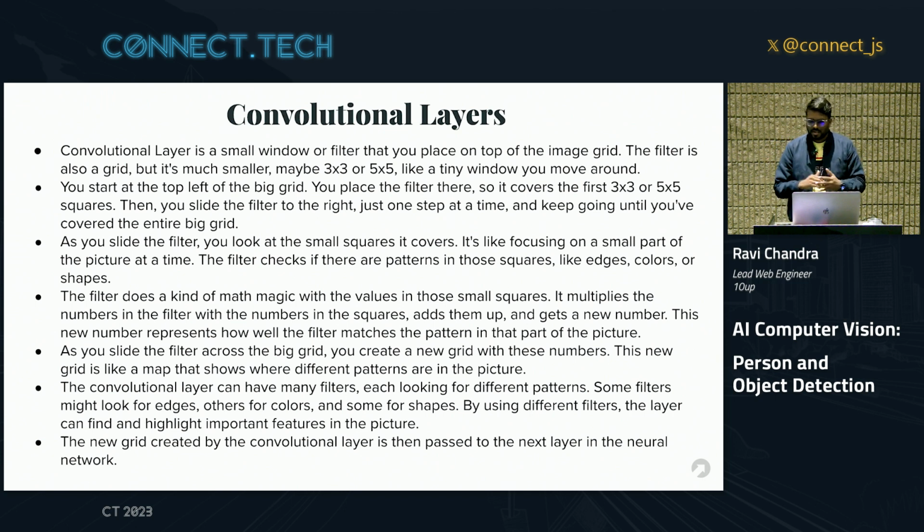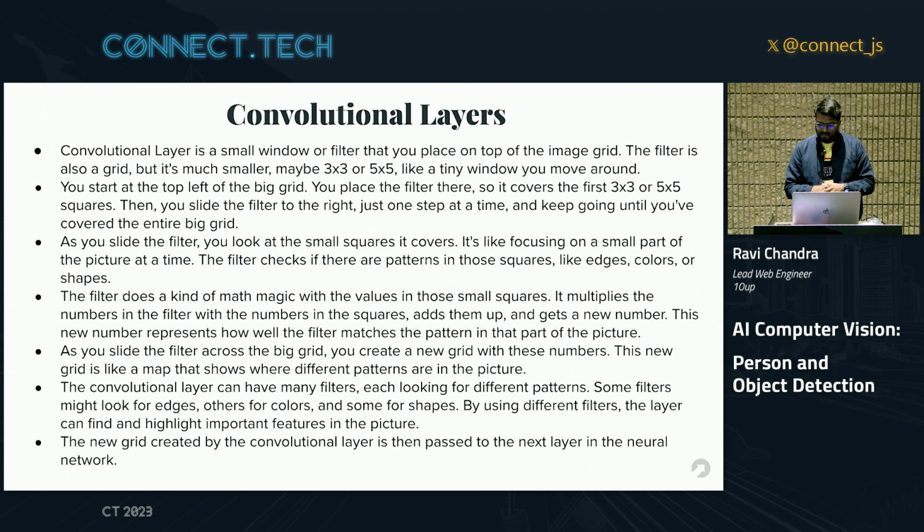At the end of the convolutional layer, it creates another grid of a pixelated image, where it tries to highlight some of the edges, or some of the colors, or some of the shapes within the image, which is more significant for computers than for humans. So we can see that it creates a new map with different patterns in the picture.